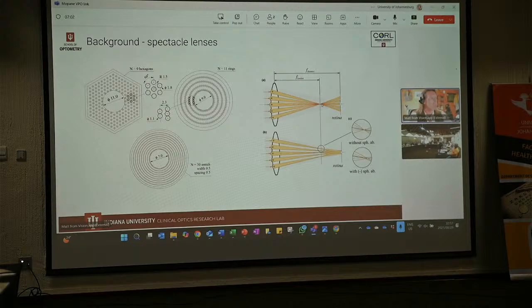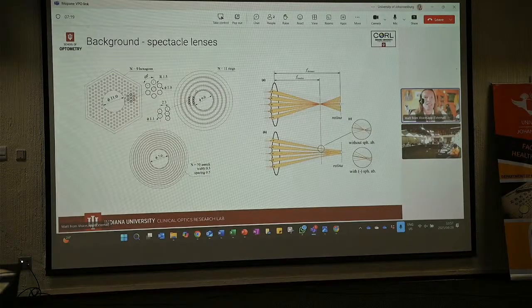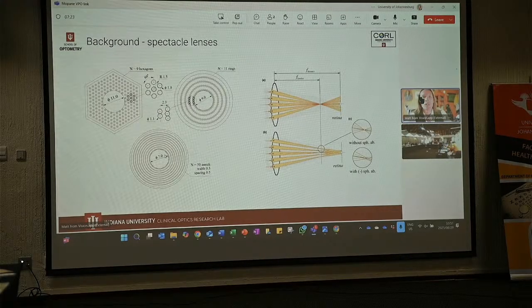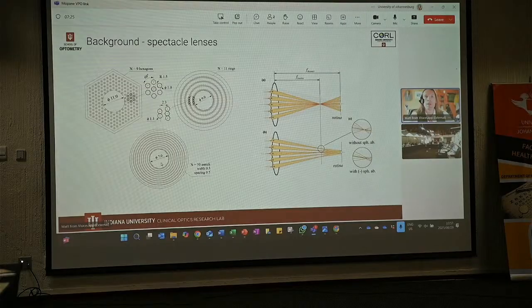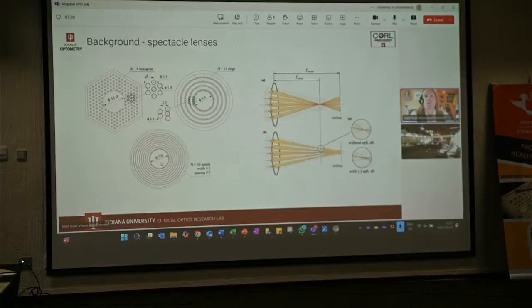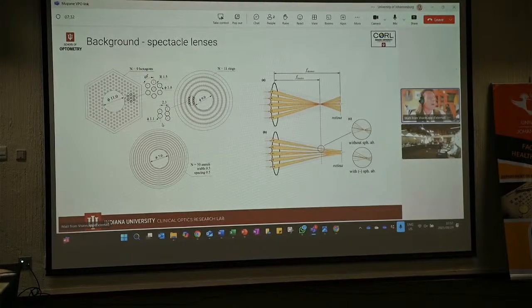Here on the screen, we can see examples of spectacle lenses, which include very interesting segments, such as lens wedges or annuli, included by the manufacturer to achieve certain optical effects.